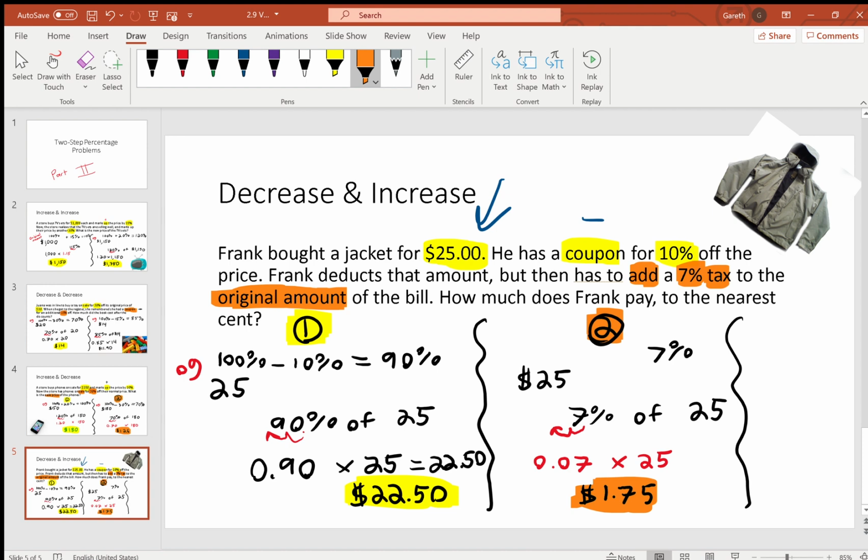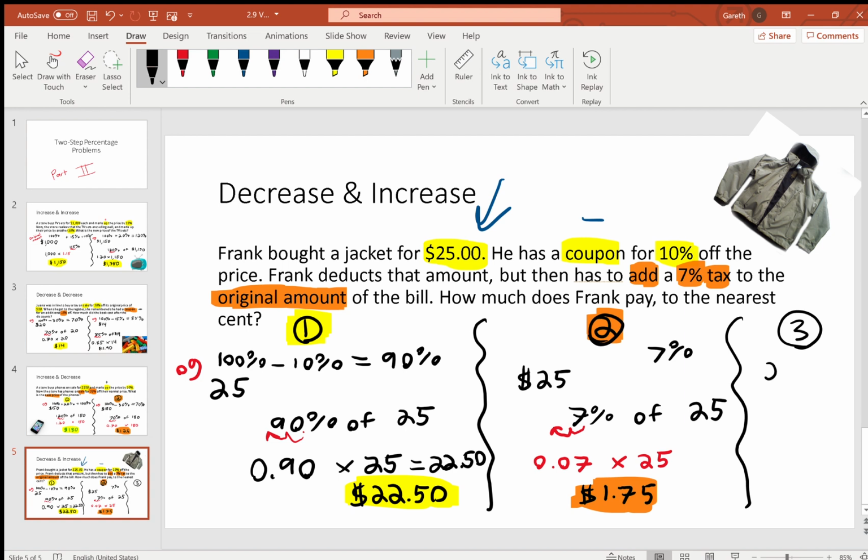But, as I'm sure you've noticed, we're not done yet. We basically found out how much money Frank is going to end up paying for the jacket, $22.50. And we found out how much tax Frank is going to pay on the jacket, but we're trying to find out how much Frank pays in total. So the last and final step, this one's special. It's a 3-part problem. The last and final step is we have to add these together, okay?